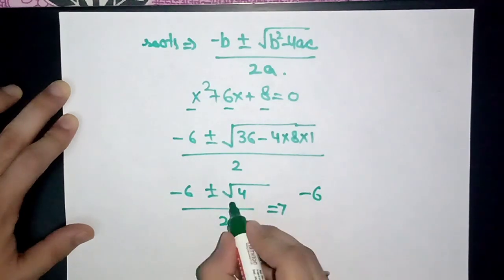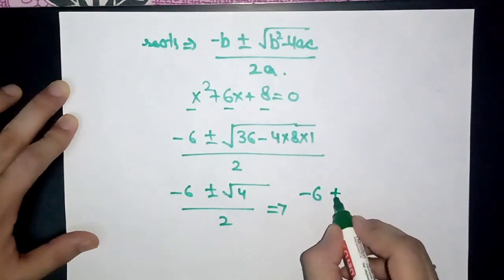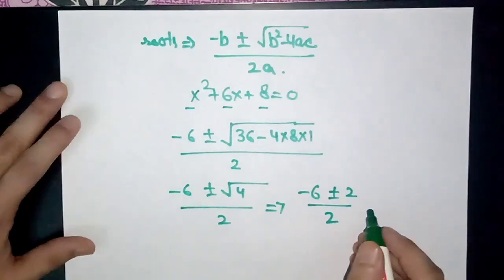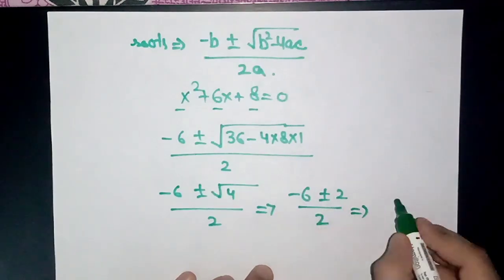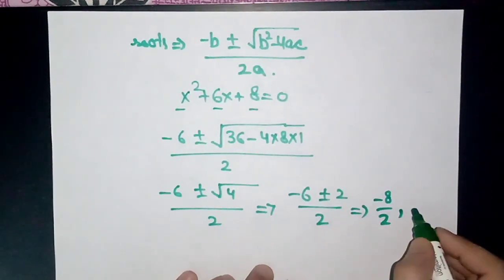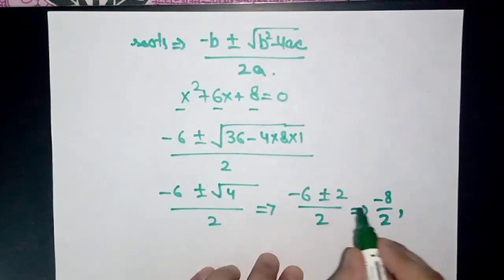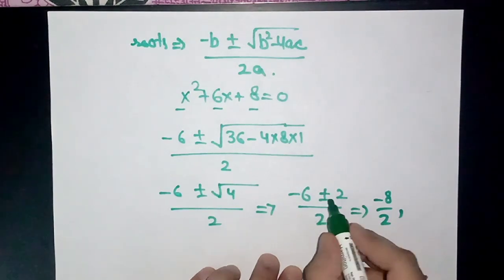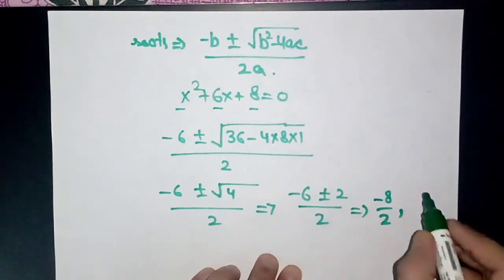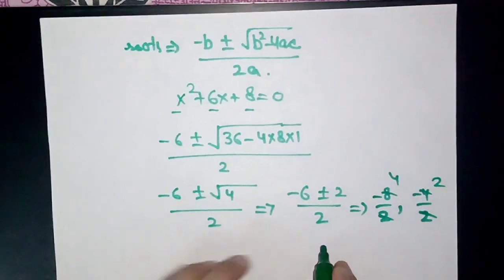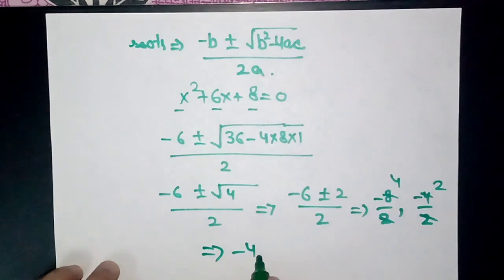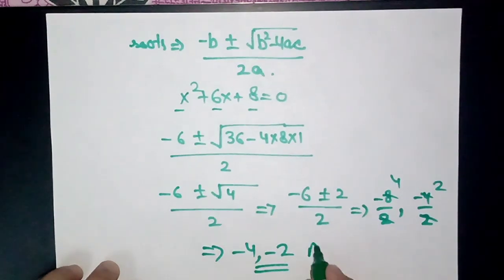The square root of 4 is 2 only. So minus 6 minus 2 is minus 8 by 2, and the other root we get by adding 2: one time subtracting, one time adding. Minus 6 plus 2 is minus 4 by 2. So the roots of the equation are minus 4 and minus 2.